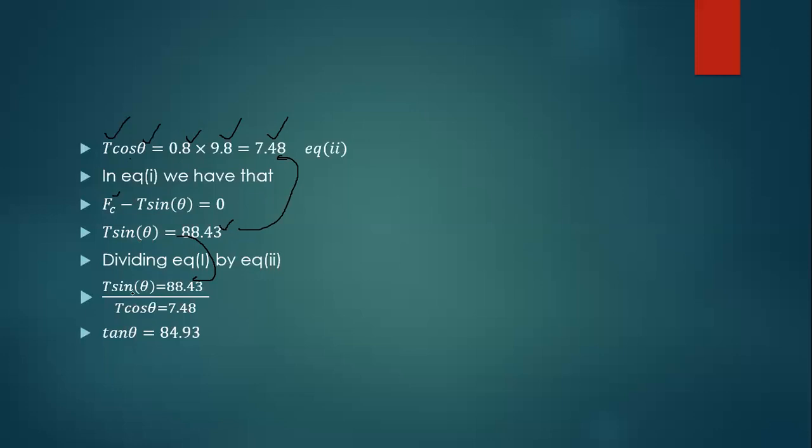What then can we do from here? What we can do from here is divide. So T will cancel with that T. Sine theta divided by cos theta, we have tan theta, 88.43 divided by 7.48. Okay, so here, I think I calculated the angle in advance. I should have shown the process. Actually the angle now is equal to this one.